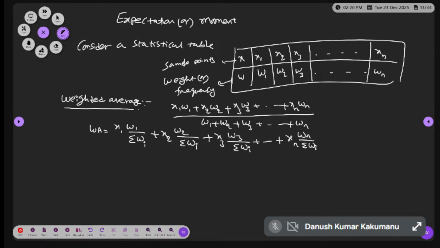Weighted average. Weighted average we are converting into the probability. First is the sample point, second is the weights.